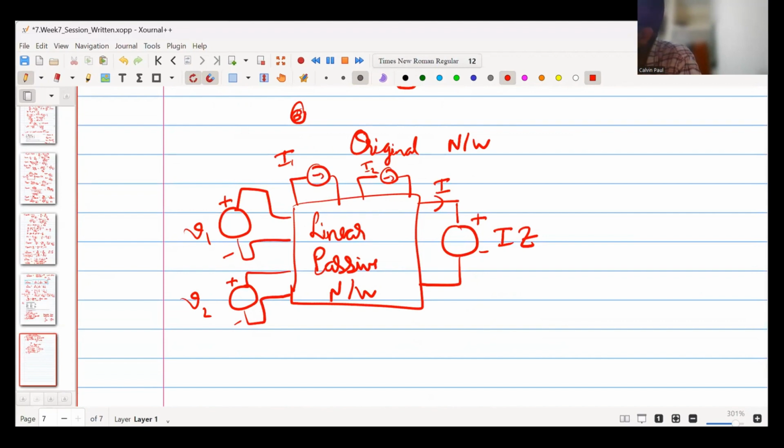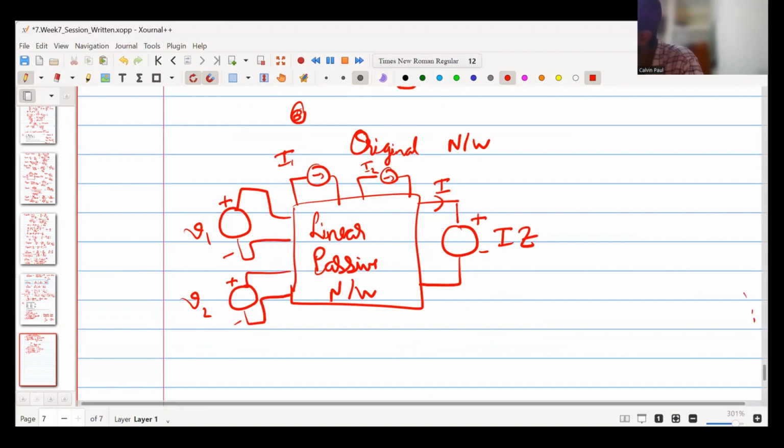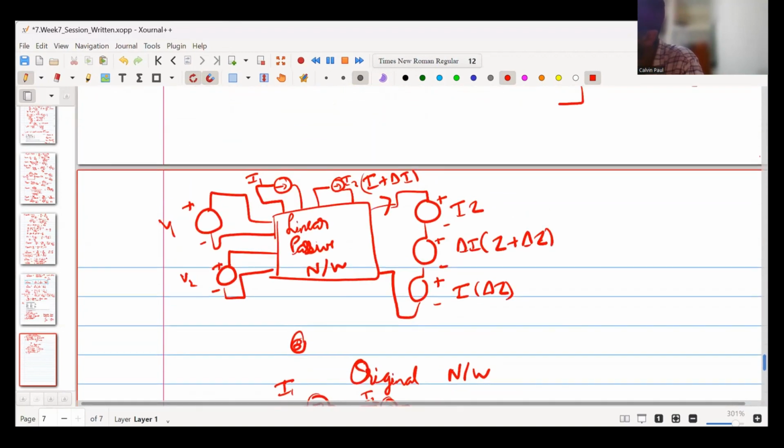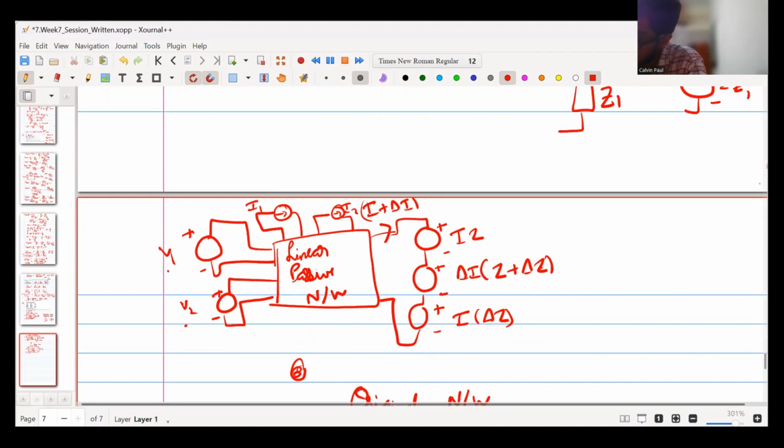So if I apply superposition theorem, what will happen to my voltage sources and current sources? Voltage short circuited, current open circuited. So these are replaced by the internal resistances, right?